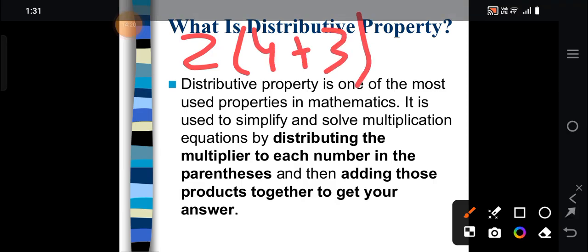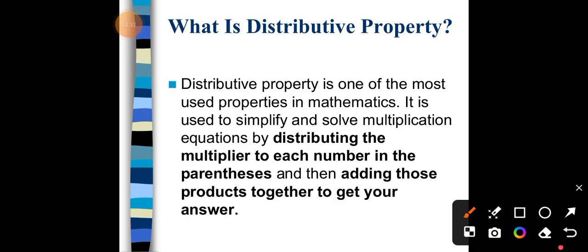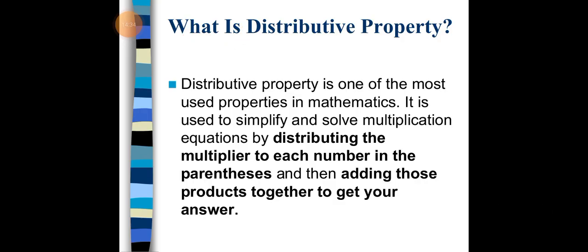First, you can add these two and you will get 7. Then 2 multiplied by 7 gives you 14. So you can recheck whether your answer matches what you wrote or not. Hope this is clear to you, what the distributive property is.